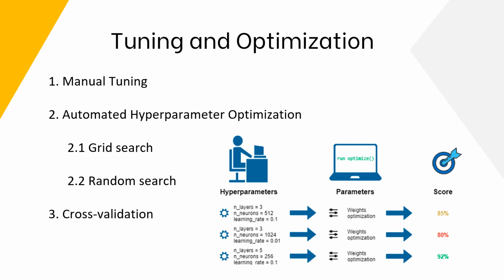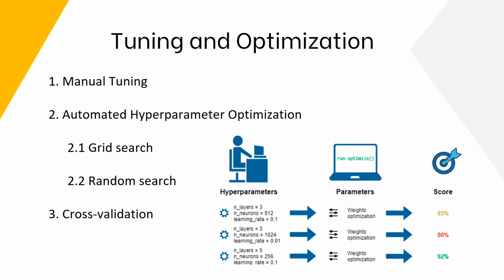But manual tuning can be time consuming and may not always lead to the best performance, especially for complex models with many hyperparameters. Automated hyperparameter optimization uses algorithms or techniques to automatically search for the best hyperparameters for a given machine learning model.